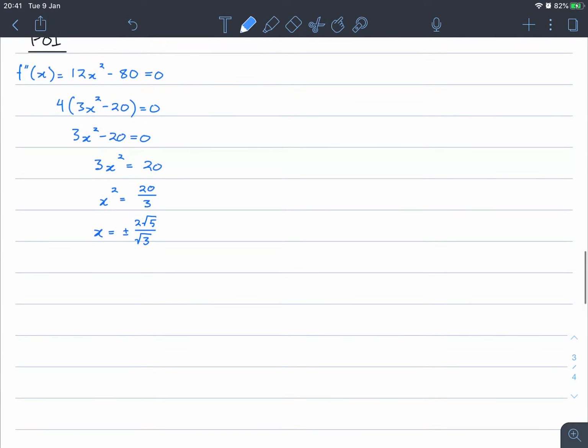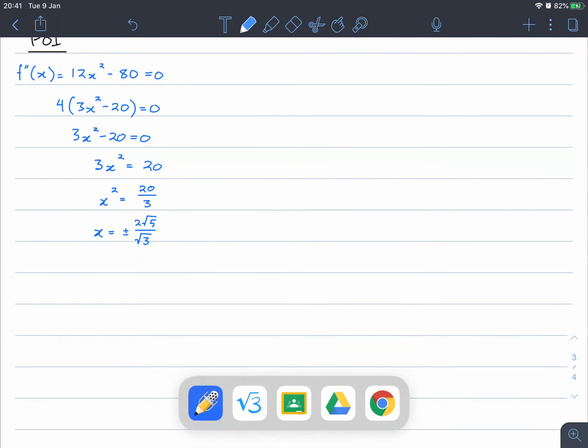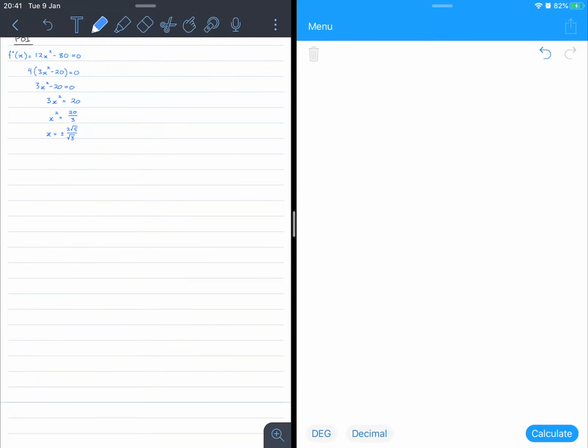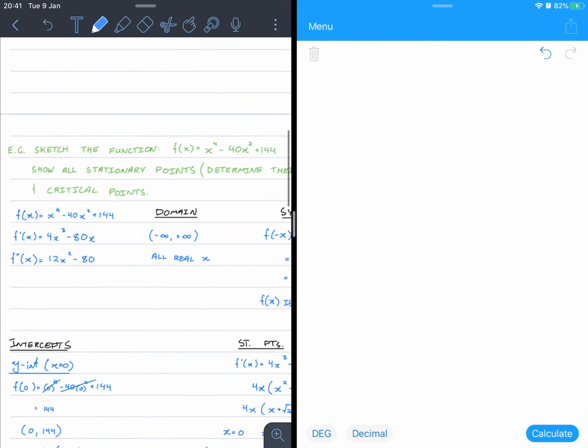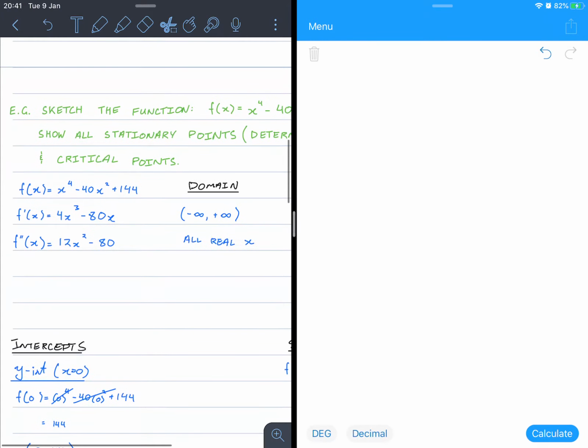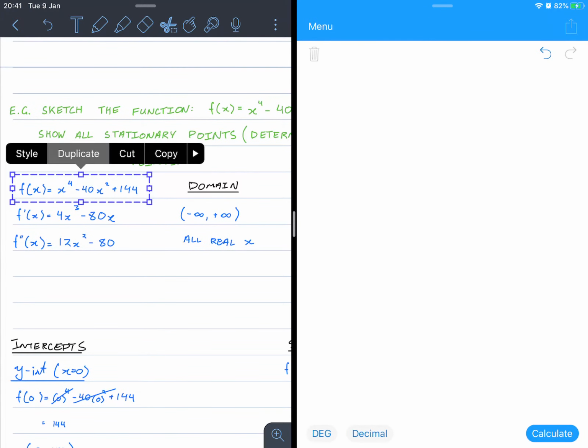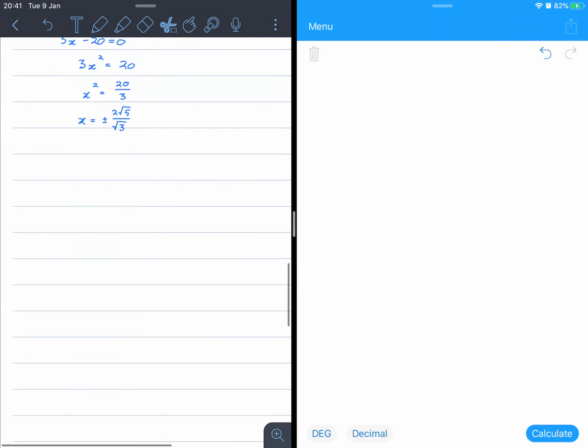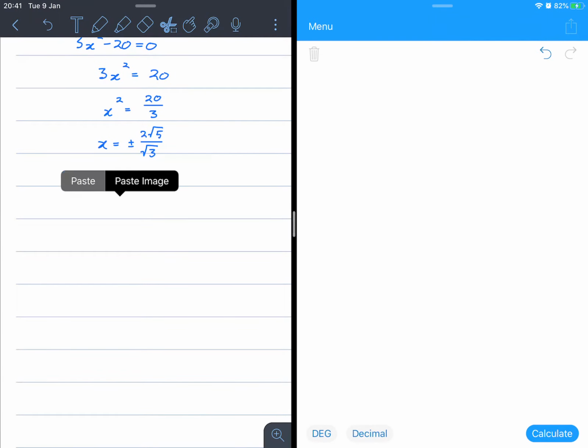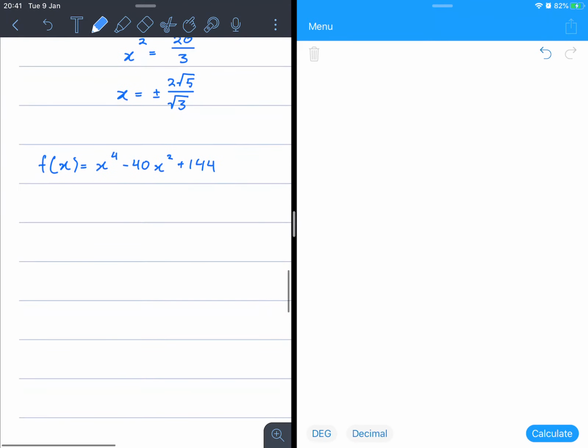We require to find the y value of each, so let's substitute this back into our original function. Let's find the y values for each. Let's substitute first negative 2 root 5 on root 3.